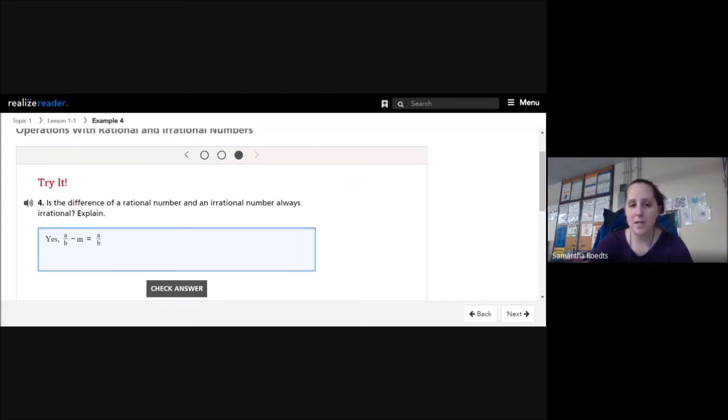This equals A/B minus BM over B, which equals A minus BM over B. Since M cannot be written as the ratio of two integers, A minus BM also cannot be written as the ratio of two integers.